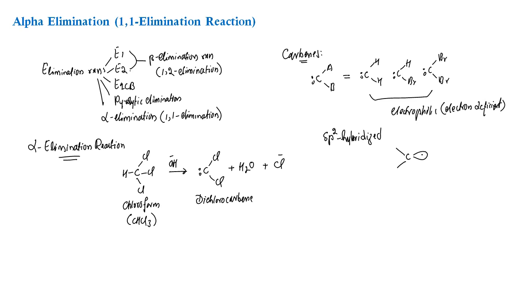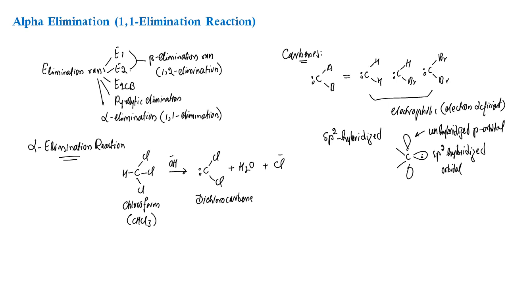We have 2 electrons in one of the sp2 hybridized orbitals, and we also have one unhybridized p orbital that is perpendicular to the trigonal plane. This is the unhybridized p orbital.